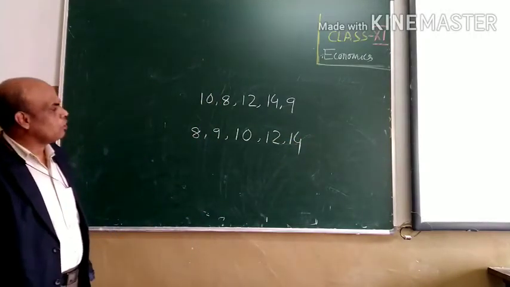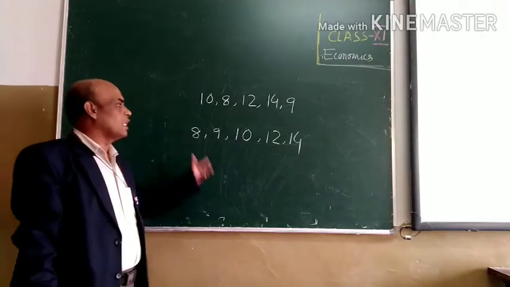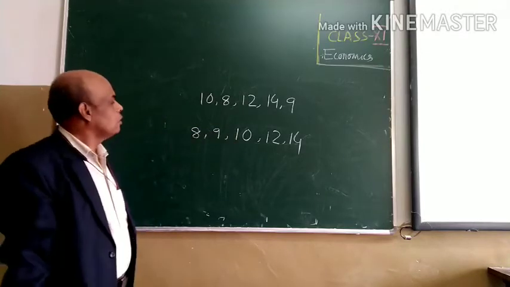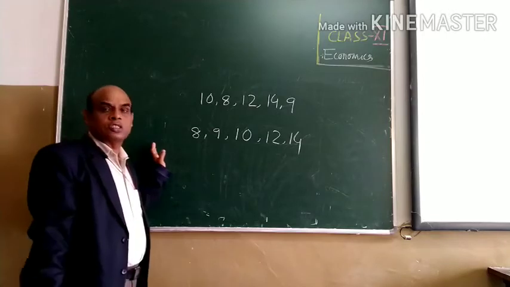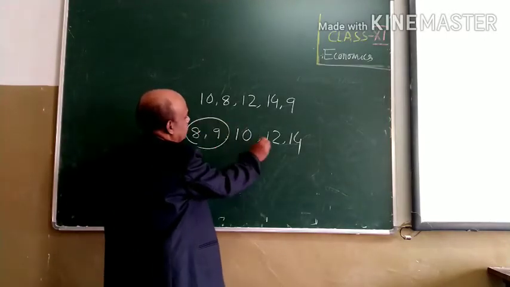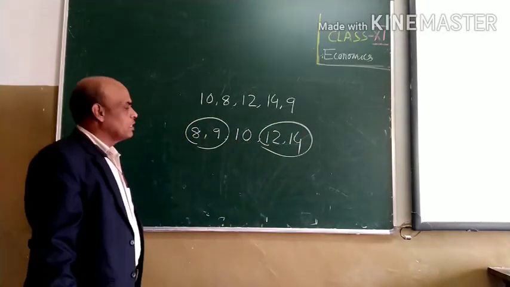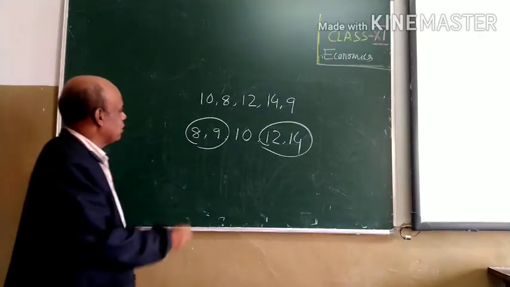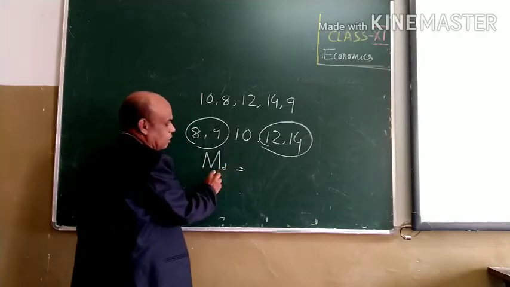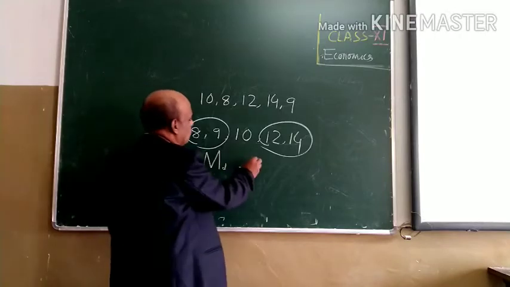If you arrange the numbers in ascending order, they will come this way, otherwise you can say the sequence is like this. So what will happen? Just the mid data. Mid data means middle data. So the middle data here is 10. So you will say 10 is the median. You will write median, represented by capital M small d. So median is equal to 10.